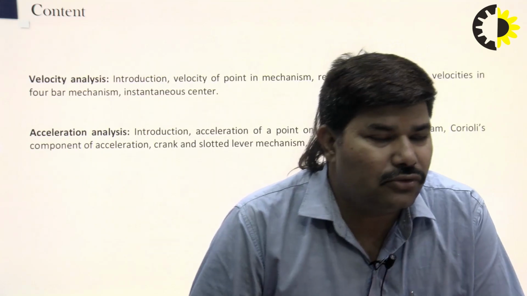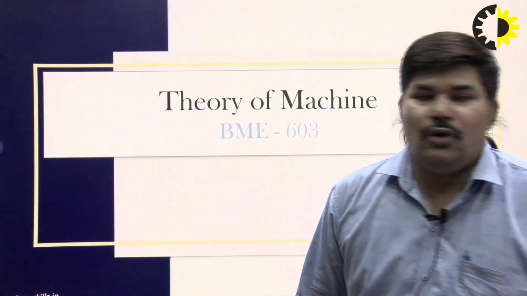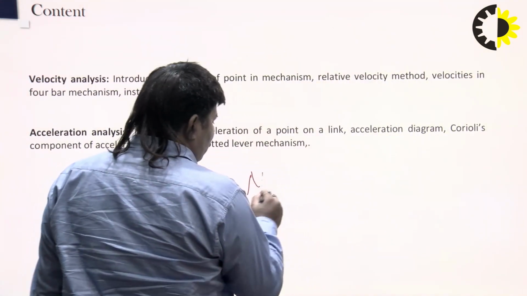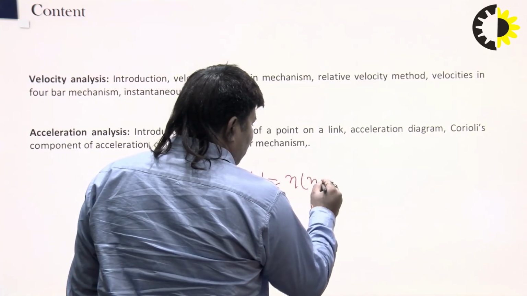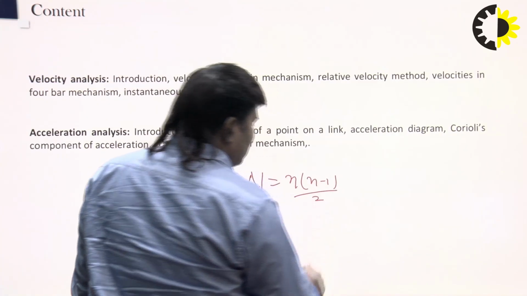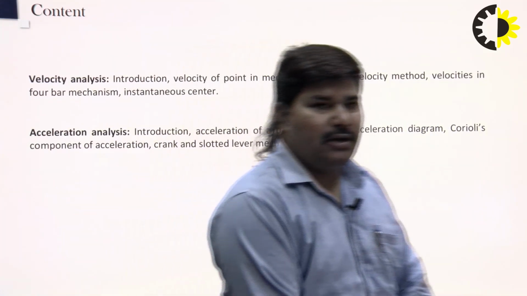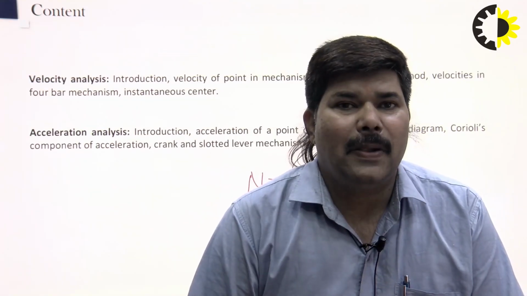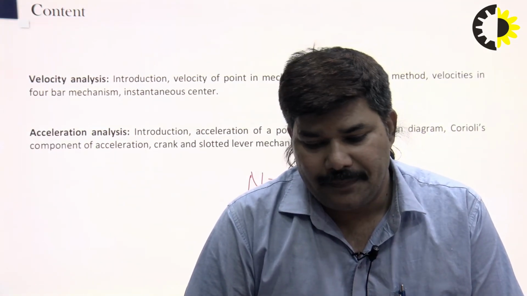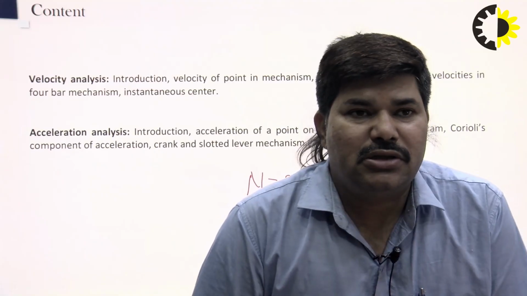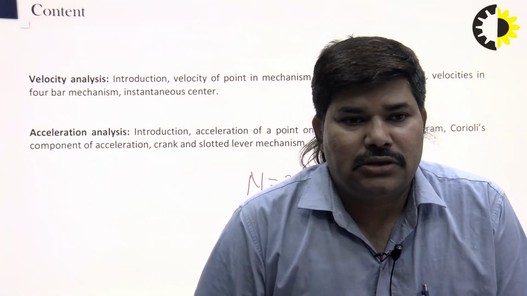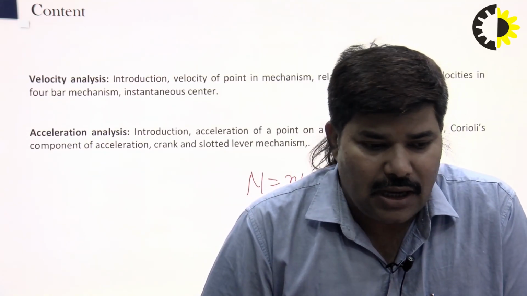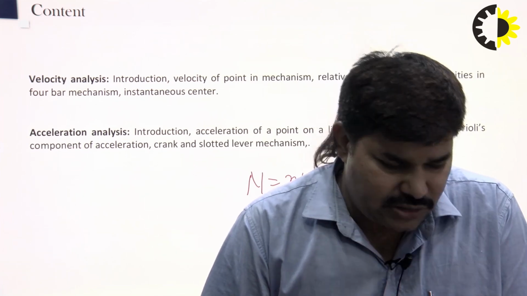We can calculate the number of instantaneous centers through one formula we have discussed, that is capital N equals n into n minus 1 by 2, where small n is the number of links. Second, I have discussed the types of instantaneous centers: the fixed instantaneous centers, the permanent instantaneous centers, and the neither fixed nor permanent instantaneous centers.